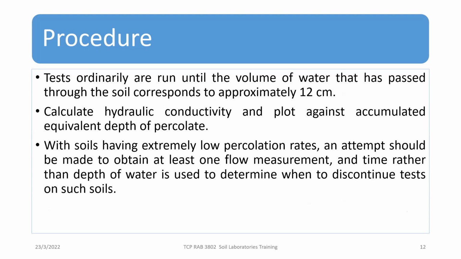The calculation of hydraulic conductivity requires some plotting or graphing of accumulated equivalent depths of percolate with time, and flux. With soil having extremely low percolation rates, an attempt should be made to obtain at least one flow measurement, and time rather than depth of water is used to determine when to discontinue the test on such soils.